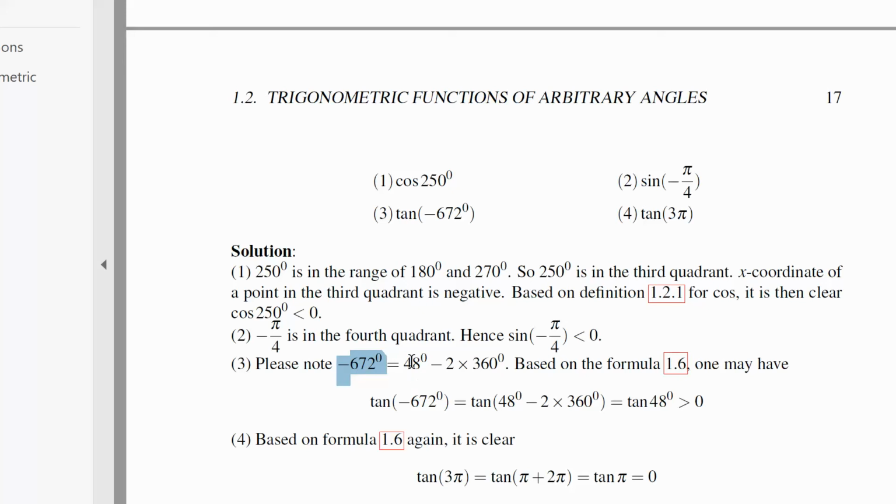So 48 degrees, the terminal side, this part, is in quadrant 1. Then, of course, the angle negative 672 degrees will be in the first quadrant.